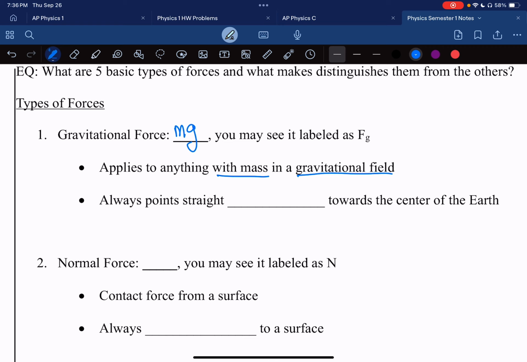Lowercase m, lowercase g. The gravitational force always, and I mean always, in this class, points straight downward. Gravity will never push you up on this planet, won't push you to the side. It points straight downwards towards the center of the Earth.